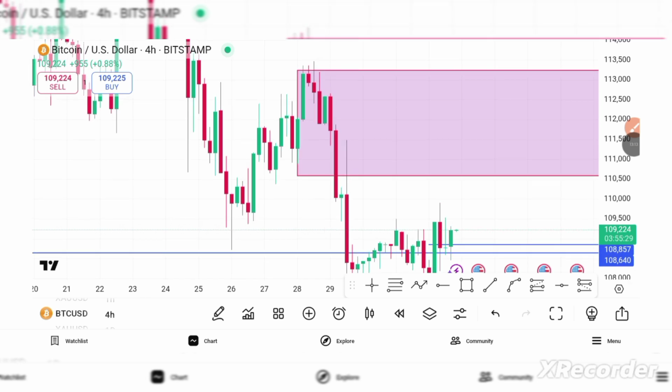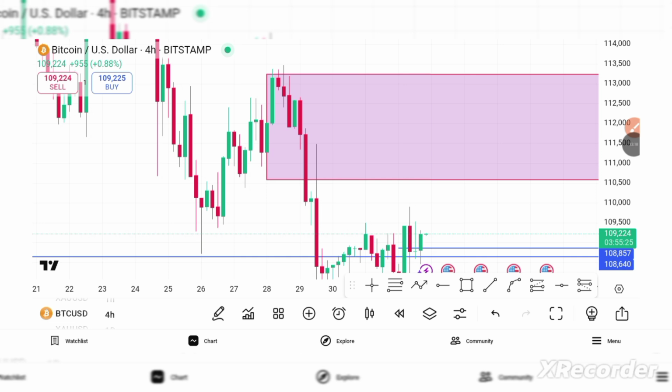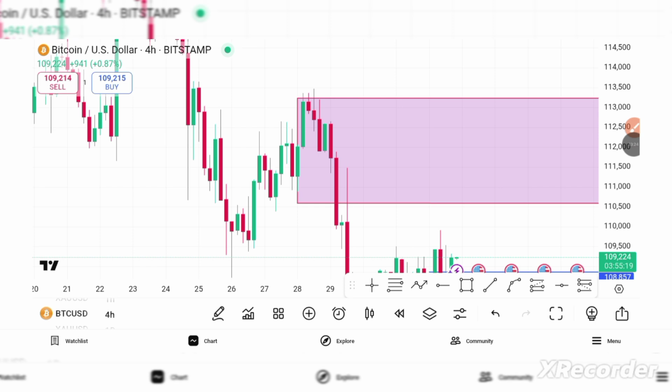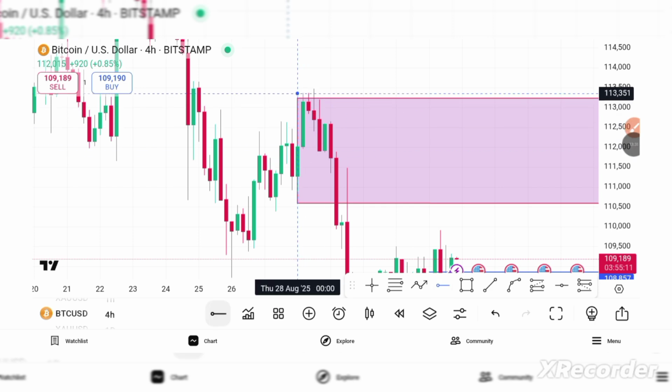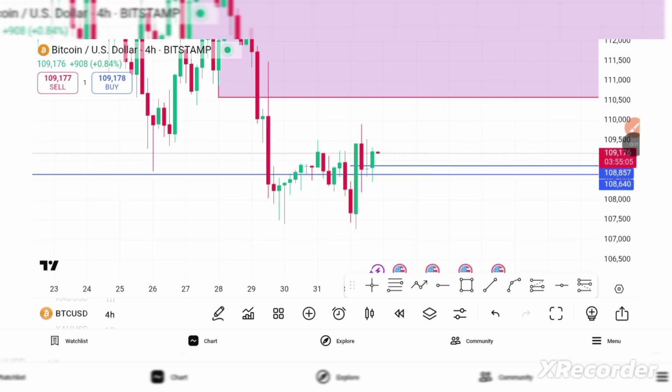Price has broken structure to the downside, and price is supposed to trade inside this zone and give us a trade to the downside. Before price will change character, price is supposed to break this high before giving us a change of character. So don't let price deceive you.